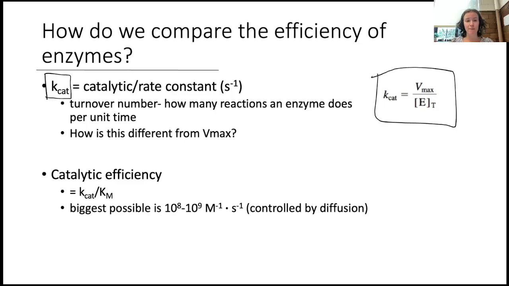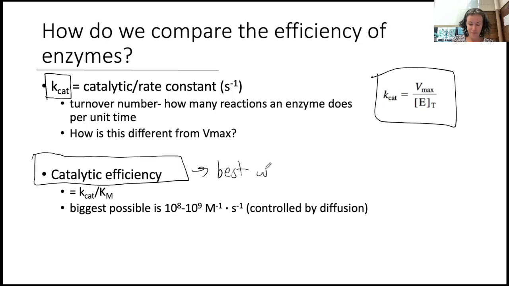Now, finally, we have the overall catalytic efficiency. And this is the best way to compare enzymes because it takes into account both the velocity and the binding.